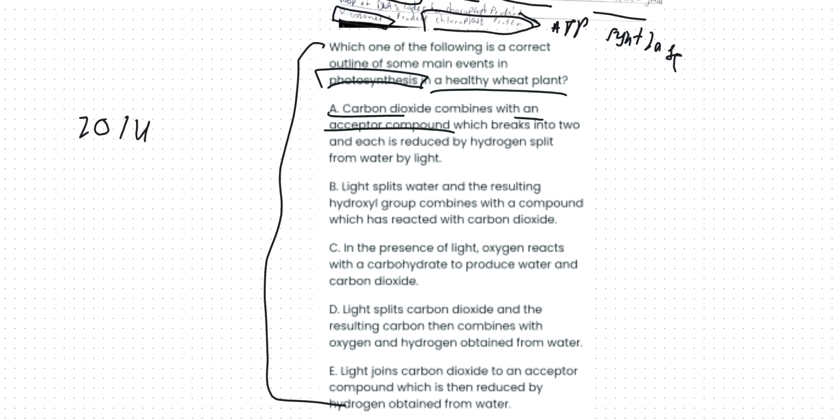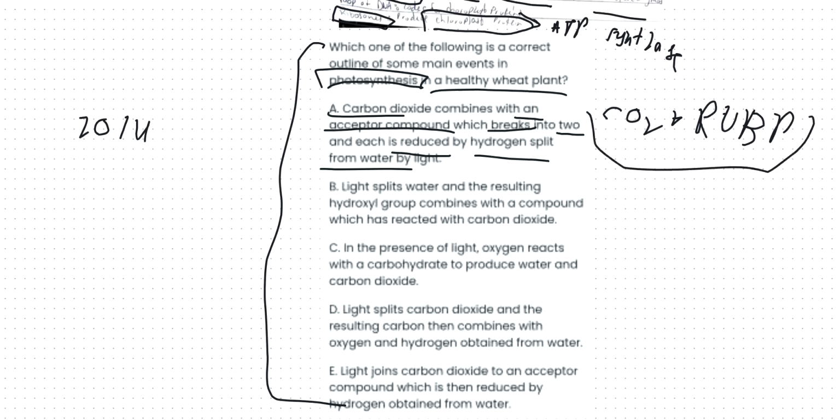This is known as fixation, where carbon dioxide combines with ribulose bisphosphate, and the compound breaks into two, and each is reduced by hydrogen split from water by light.